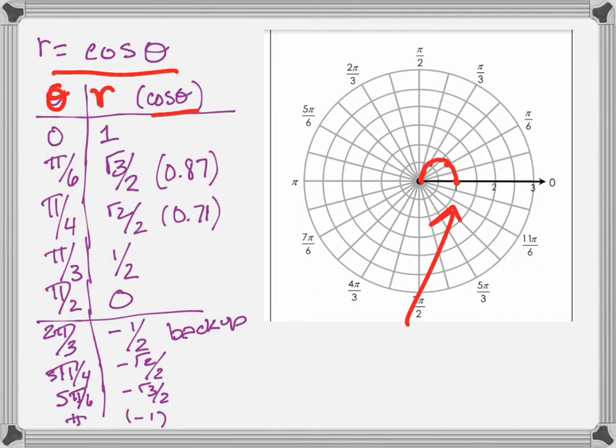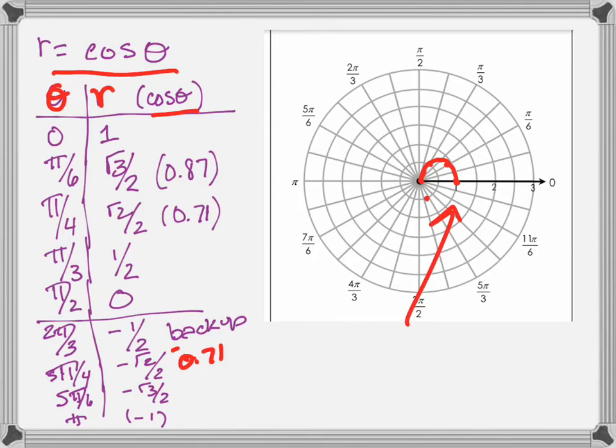So far, it looks like that. Now, when we do 2 pi over 3, I'm on this row right here, I get -1/2. So I have to back up on this line -1/2. So at 2 pi over 3, it would be right there. There's my -1/2. And then at 3 pi over 4, it would be square root of 2 over 2, or 0.71, only it's backwards.